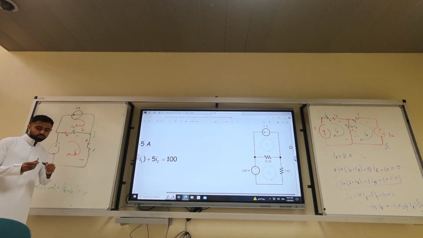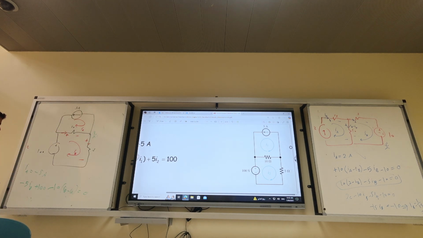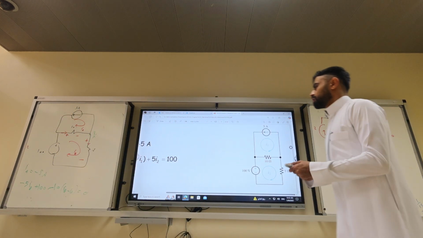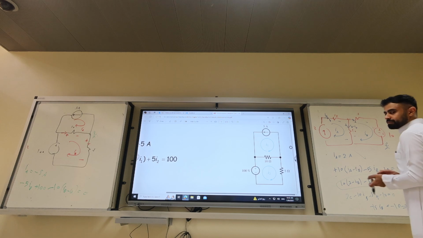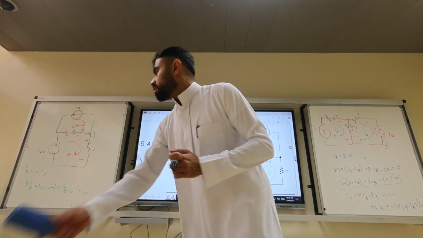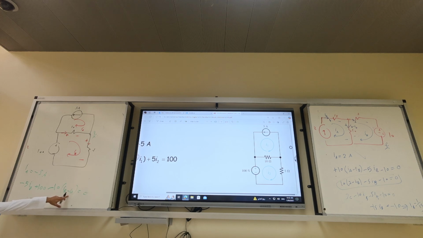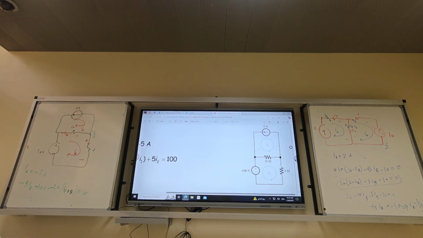Okay, who's our math guy? Who wants to solve this one equation, one variable? Minus 5 IB. I'm going to solve it here. So IA is minus 5, so this can be plus 5, right? Right? Yes. So minus 50 plus 100 is 50.